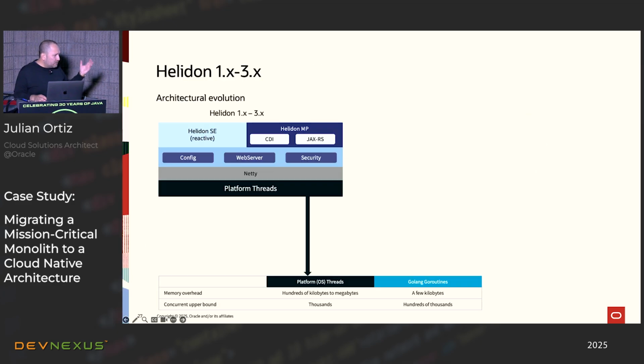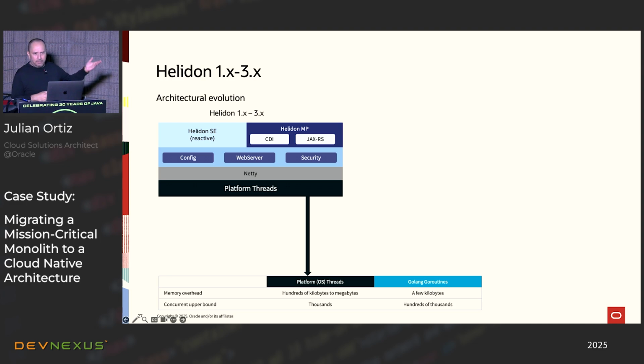Now, that was Helidon. But when we started adopting the framework, we noticed, starting with versions 2 and 3, that Helidon was built on top of Netty. Netty is an open source framework to develop network applications. And Netty relies a lot on platform threads. Platform threads and their management are not comparable to other stacks like Golang.